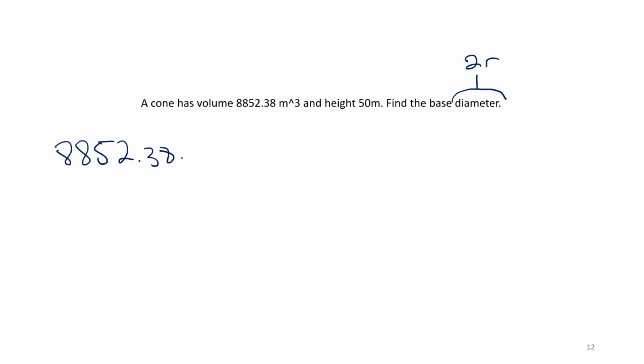We have 8852.38 cubic meters equals 1/3 pi. In this case, we do need our 22 over 7, because it's in terms of some fraction that they got using this, so we have to use it. Times r squared times the height of 50.